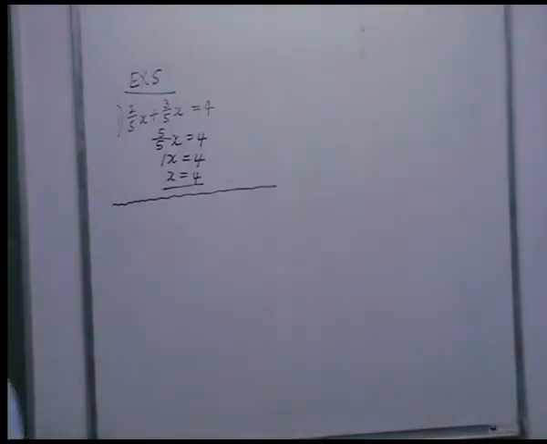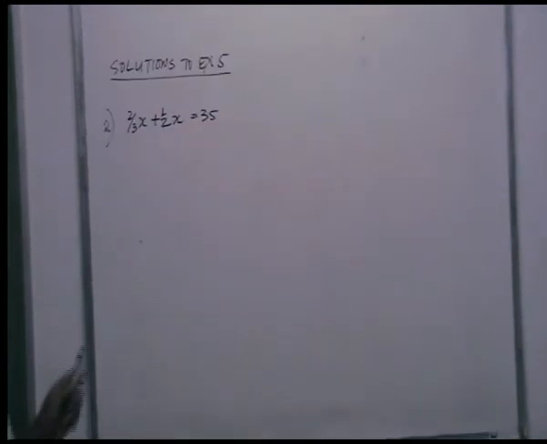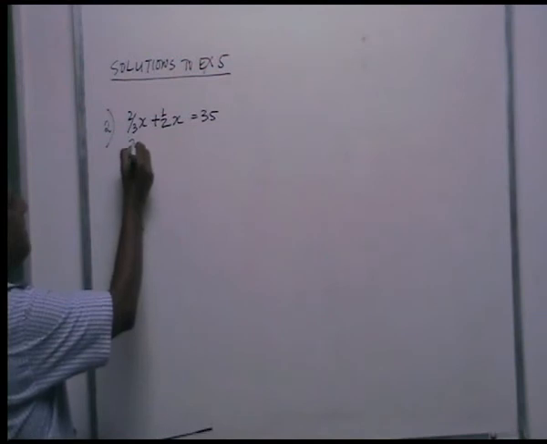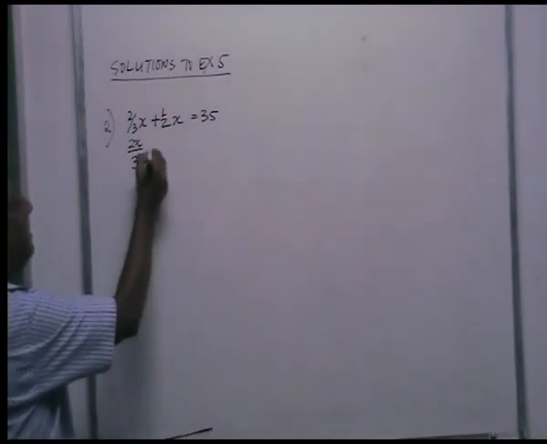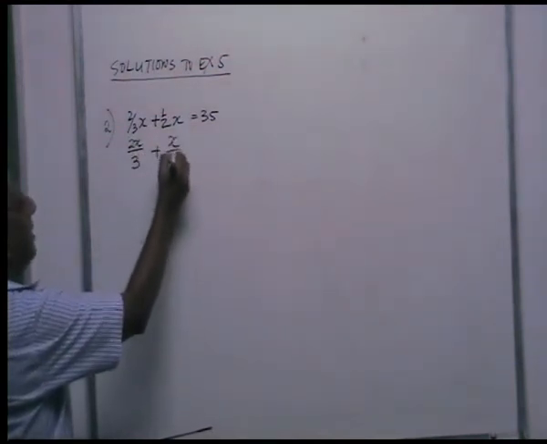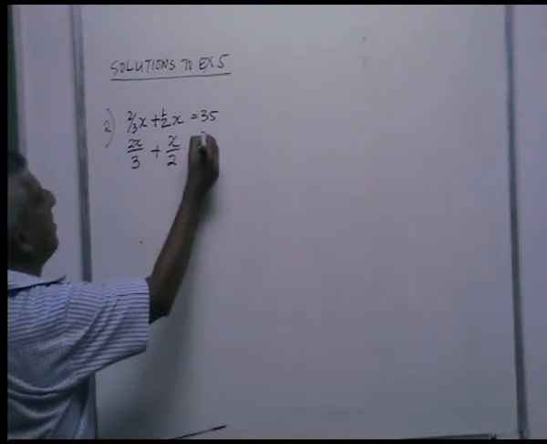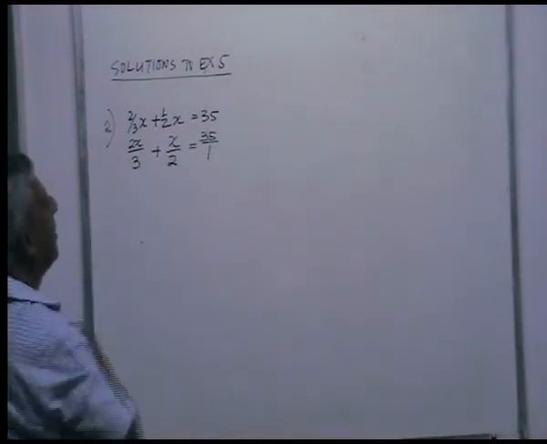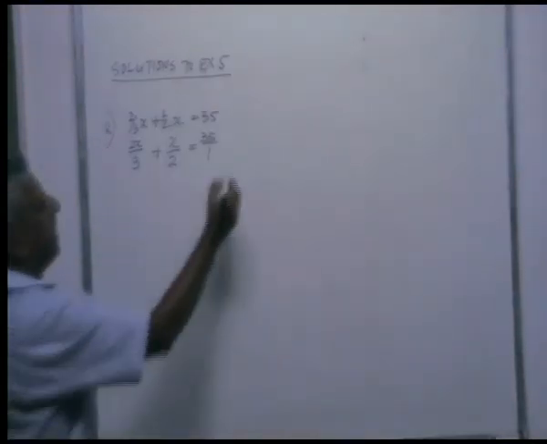I think I'll need more space, so let me just wipe that off. Alright, so here we have number 2. We're going to write that as 2x over 3 plus x over 2 is equal to 35 over 1. And then we find the LCM.